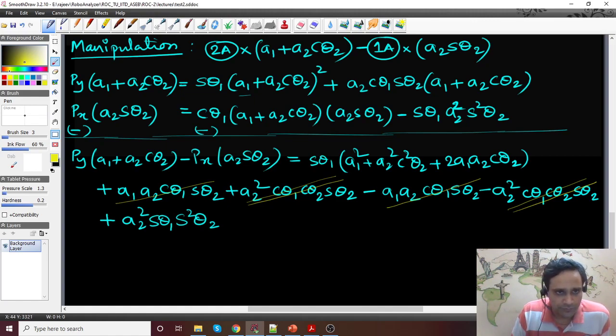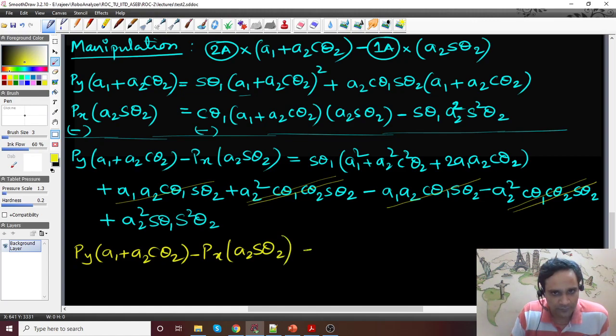Okay, so let me put it this way: py into a1 plus a2 cos theta 2 minus px into a2 sin theta 2 will be equal to, we'll try to take sin theta 1 common, so we have a1 square plus this term a2 square cos square theta 2, and if I take sin theta 1 common, a2 square sin square theta 2 is also here, cos square theta 2 plus sin square theta 2 equal to 1, and hence this term will become a2 square.